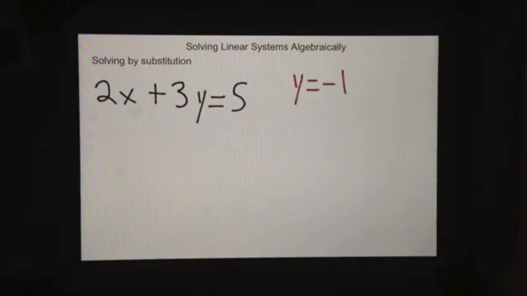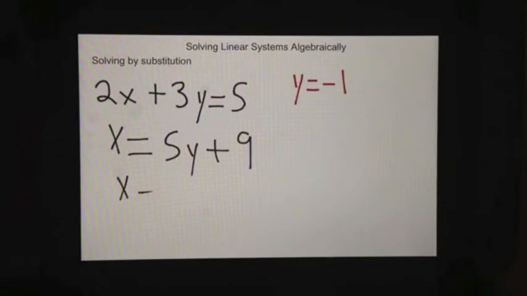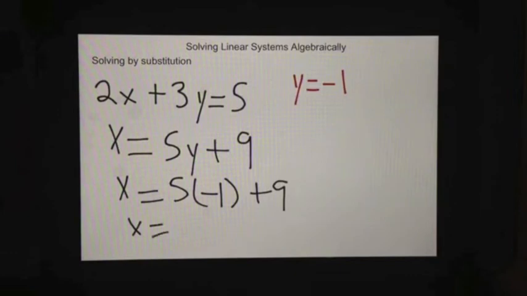You now want to plug your y into your revised equation. Your revised equation was x equals 5y plus 9. Plug your y back in, x equals 5(-1) plus 9. x equals 5 times negative 1 is negative 5, plus 9. And that leaves you with x equals 4.